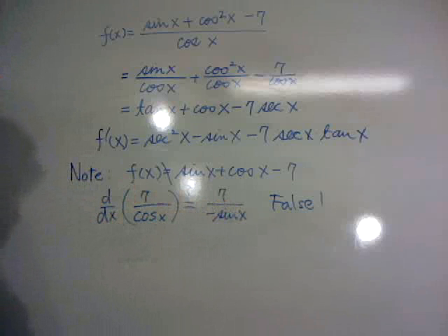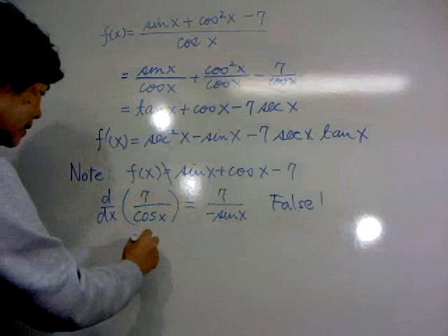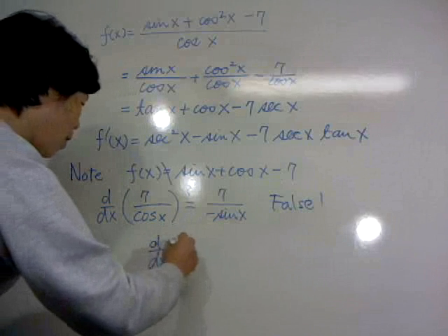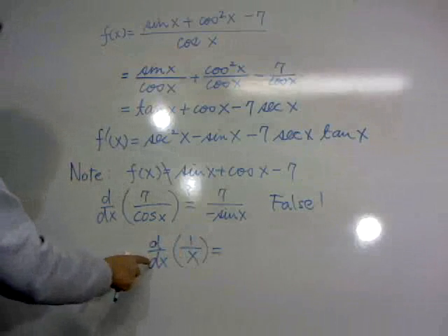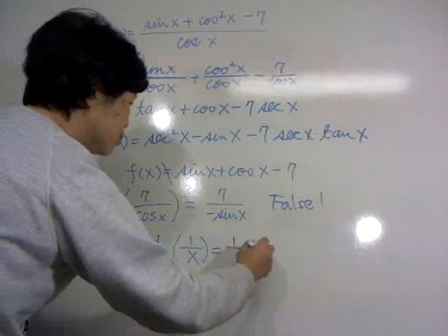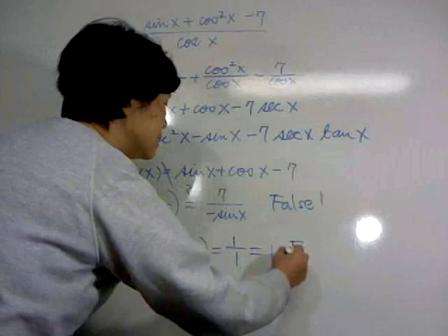That is not true. That means it is like you are saying 1 over x is, oh, I know how to differentiate x, so that is going to be 1 over 1, which is 1. Is it true? Of course it is not true. It's false.